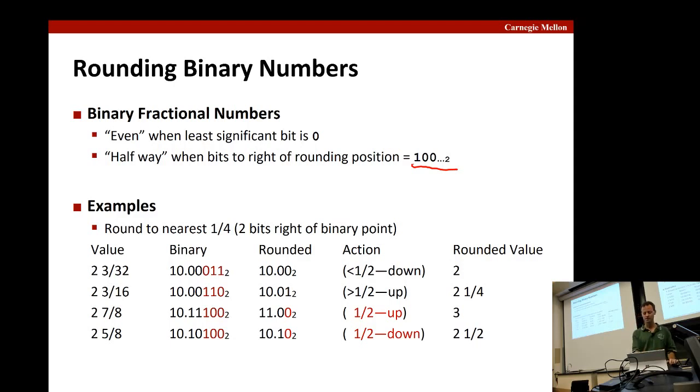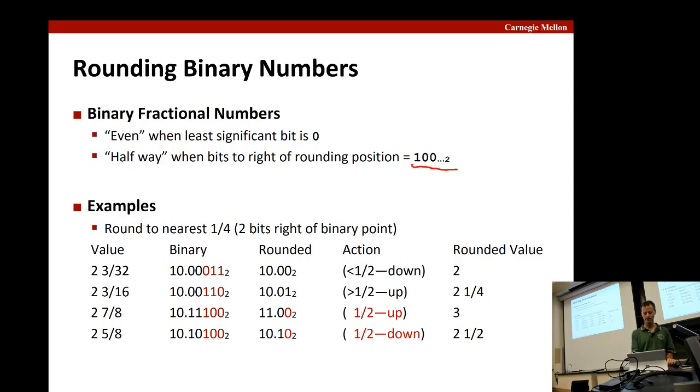Since 011 is less than halfway, which is 100, you round that one down. Conversely, the next one you round up because you're above 100. And now the last 2 cases are exactly at 100. So now you want to round to the even.